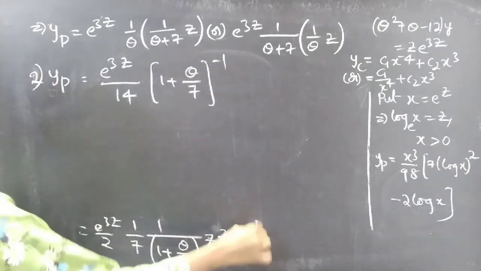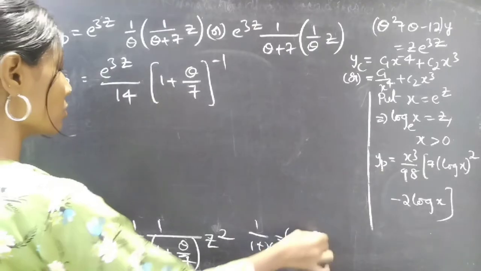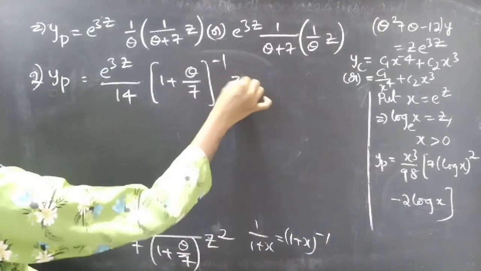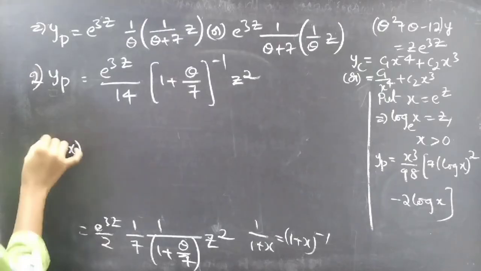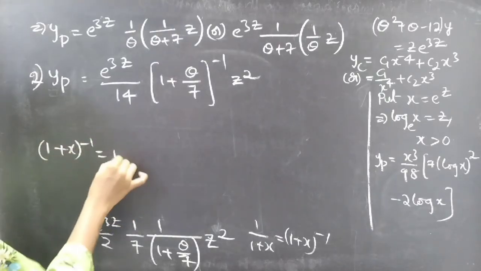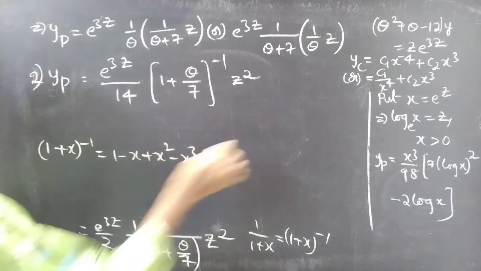Since this is of 1 by 1 plus x form, we can write it as 1 plus x whole inverse into z square. Now we need to expand this using the 1 plus x whole inverse formula, the binomial series expansion: 1 minus x plus x square minus x cube plus so on.